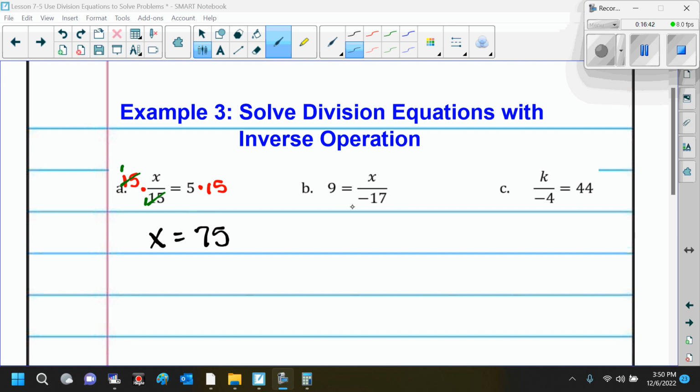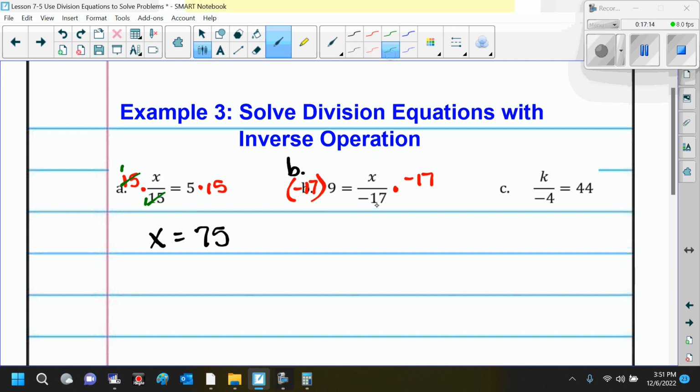All right, so here we have 9 is equal to x divided by negative 17. Now, again, we're going to cover up the x. We want to get rid of the negative 17. So here, we're going to multiply times negative 17 on both sides. So we're going to multiply times negative 17 here, and we're going to multiply times negative 17 there. Okay? I hope that doesn't confuse you there.